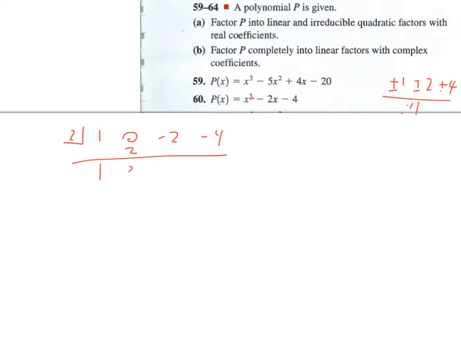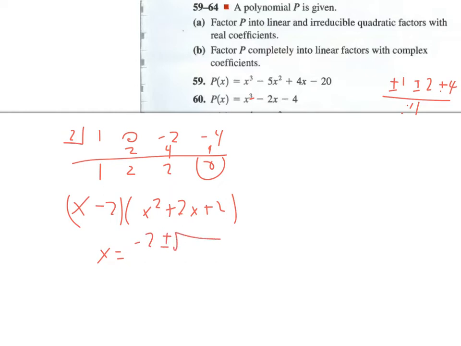Do have a missing power again. So 1, 2, 2, 4, and 2, 4, 0. So that one does work out. So I get x minus 2 times x squared plus 2x plus 2. I'll have to use a quadratic formula on this. So I'm going to do x equals negative 2 plus or minus the square root of 4 minus 4 times 1 times 2.